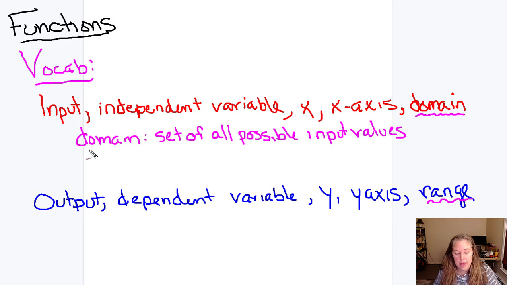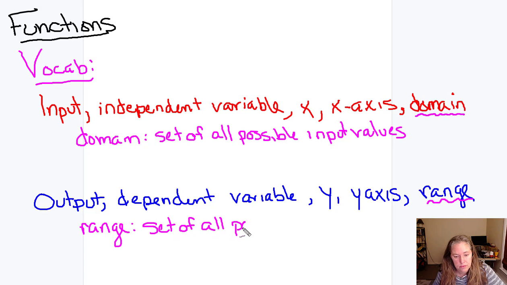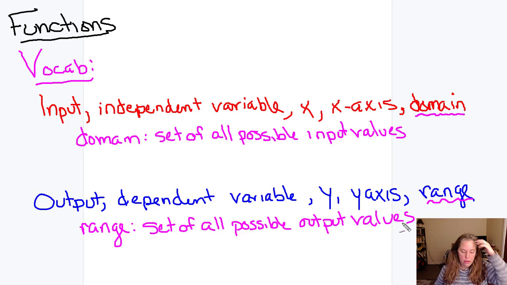And if domain is the set of all possible input values, what do you think the range might be? The range is the set of all possible output values.